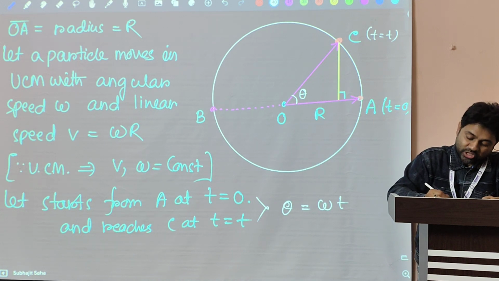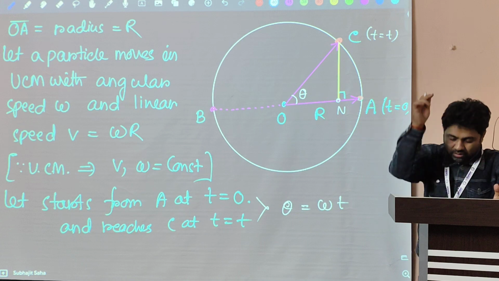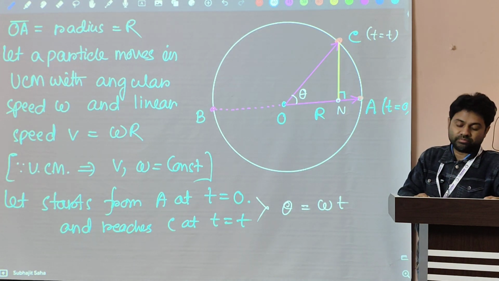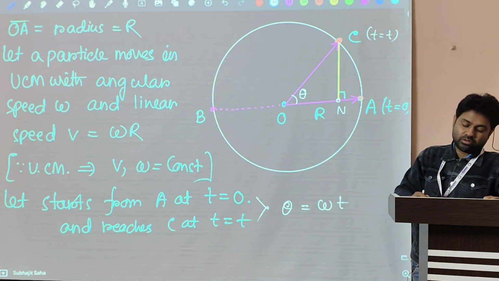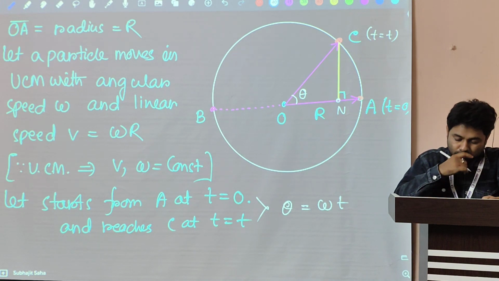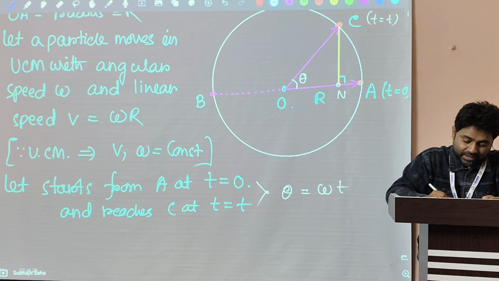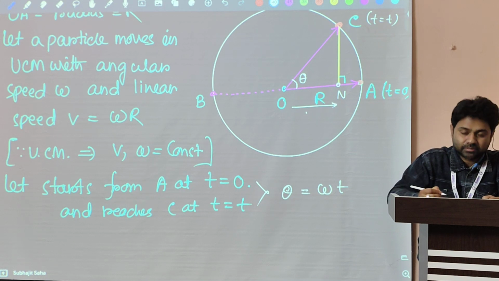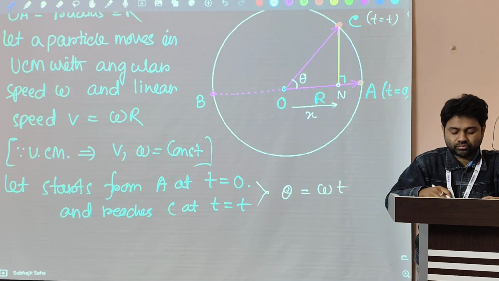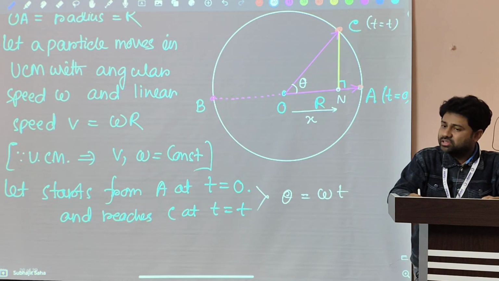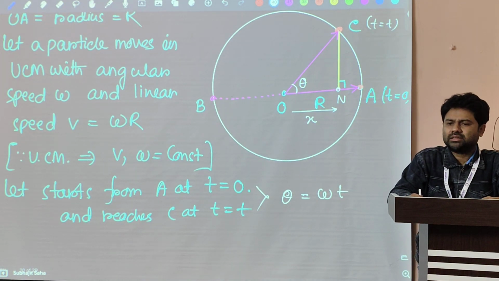Say the foot of the projection be N. Foot of the perpendicular is N. Suppose the distance ON is x. The distance ON is x.